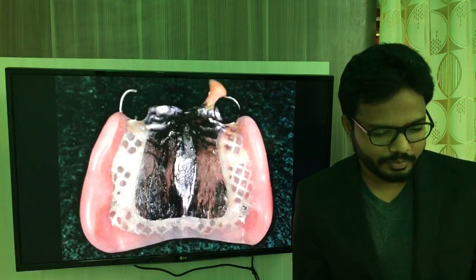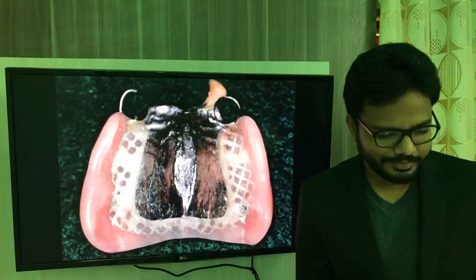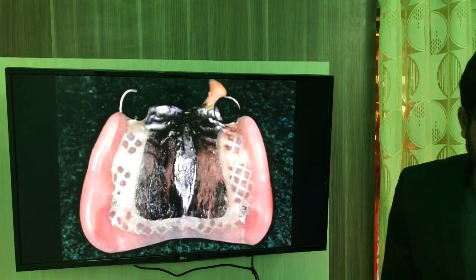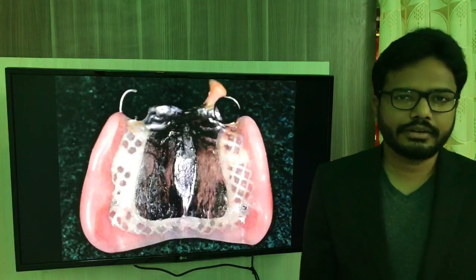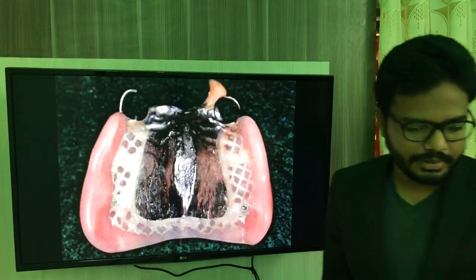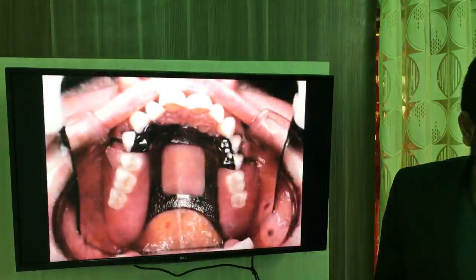Yes, Neetu, Prithvi. So this is a maxillary major connector which represents complete palate, right? Complete palate or palatal plate.